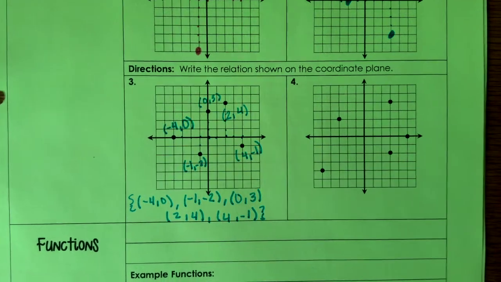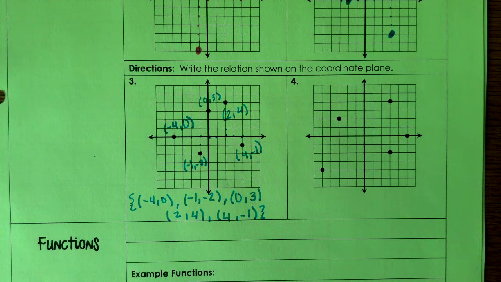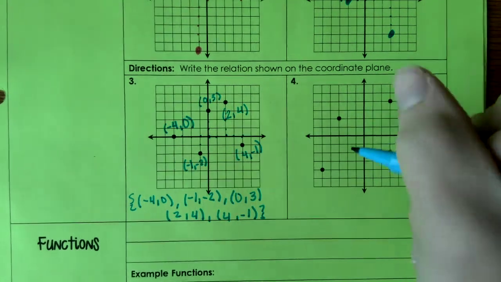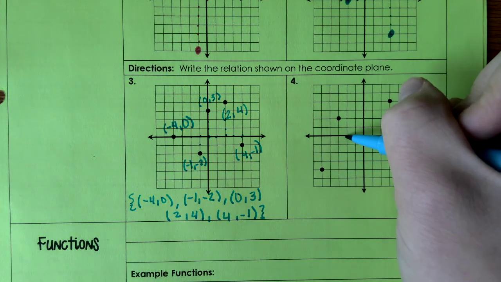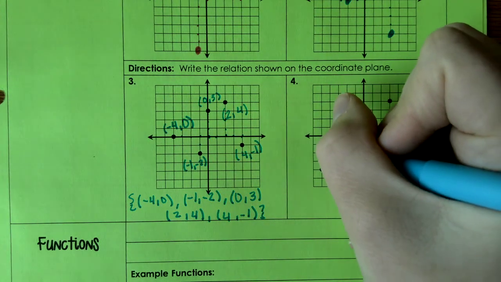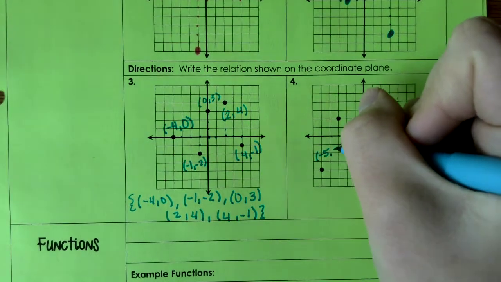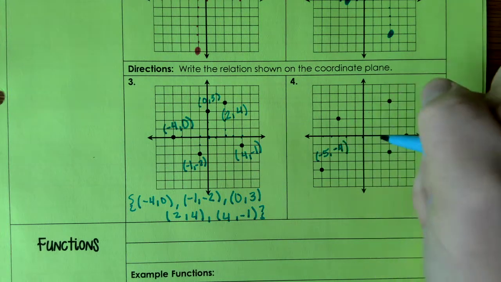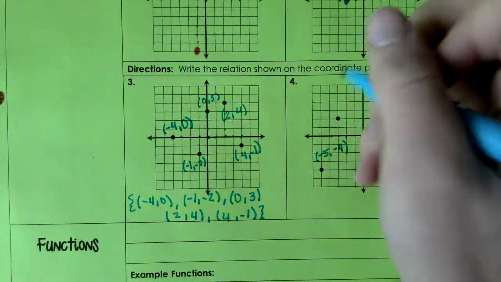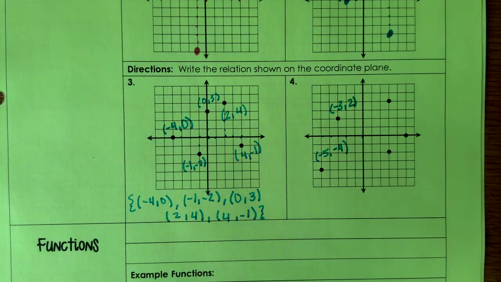Okay? Now that you've come back and you're checking your answers, we are going to go through and label our points. On the first one, I have 1, 2, 3, 4, 5. So I'm going backwards 5, so I have -5, and then you went down 4 spots. So you have (-5, -4). Then you went backwards 3, and up 2, so you have (-3, 2).